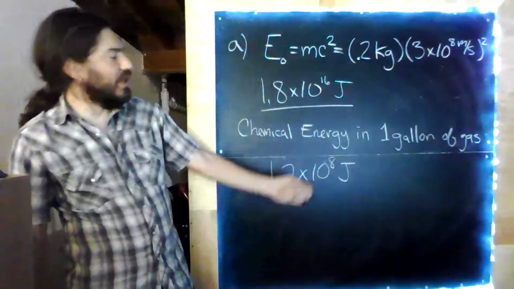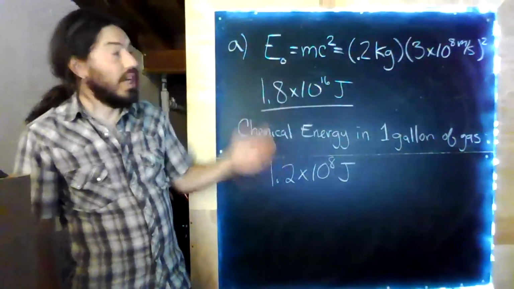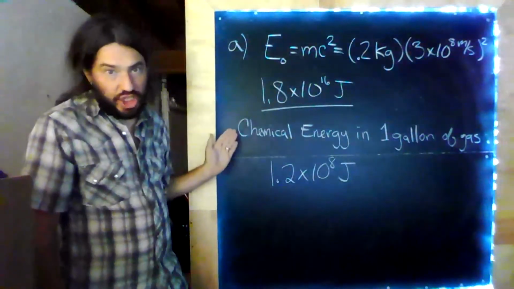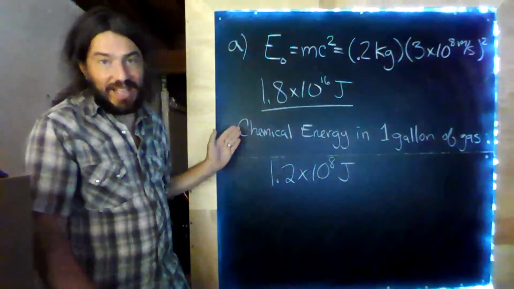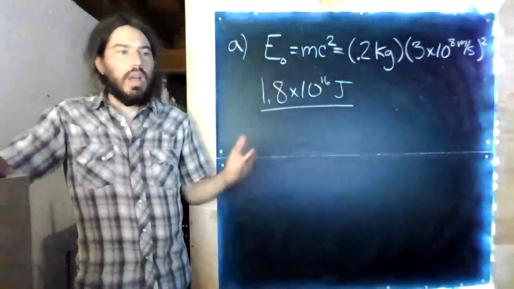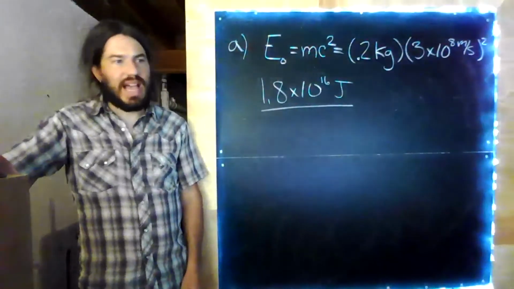So there's something like 100 million times more energy in the mass of an apple than there is chemical energy in a gallon of gas. So that's kind of crazy. How about its kinetic energy? How about the kinetic energy of this apple?